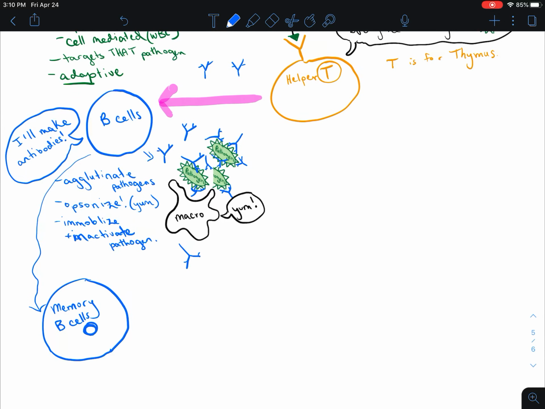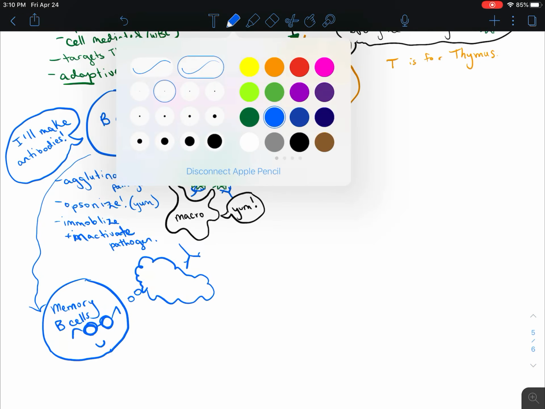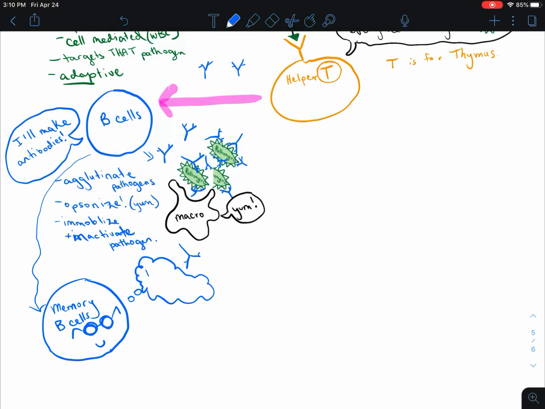I'm going to put little nerdy glasses on him so that we remember that he's smart. I know, kind of a stereotype, but he is always going to remember how to make these specific antibodies against the pathogen.